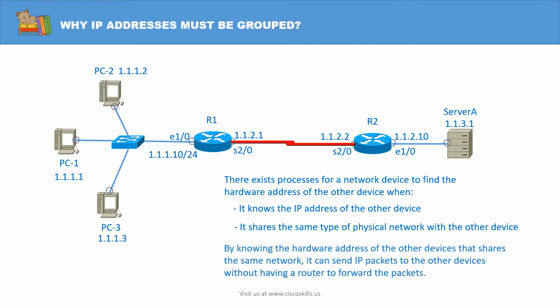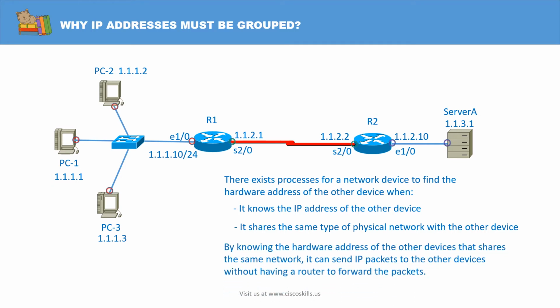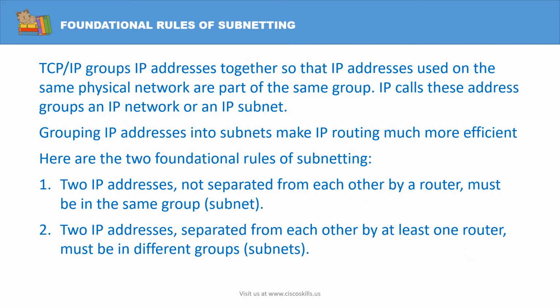By knowing the hardware address of the other device that shares the same network, it can send IP packets to other devices without having the router forward the packets. In this diagram, the interfaces with the same color can send IP packets to each other without the router forwarding the packets. Let's now go into foundational rules of subnetting.